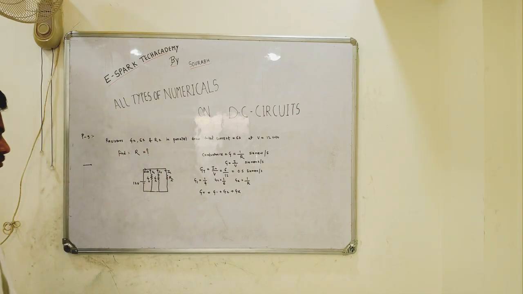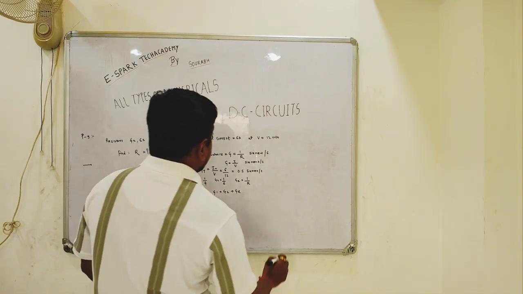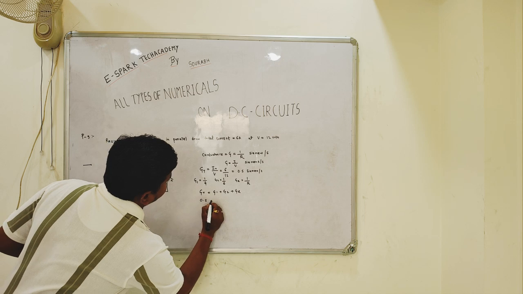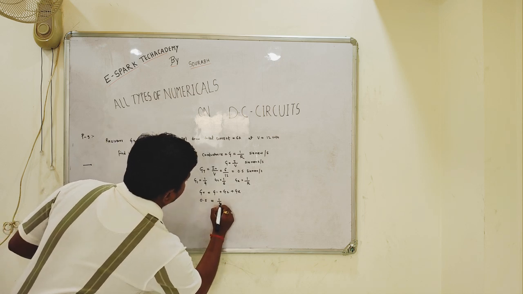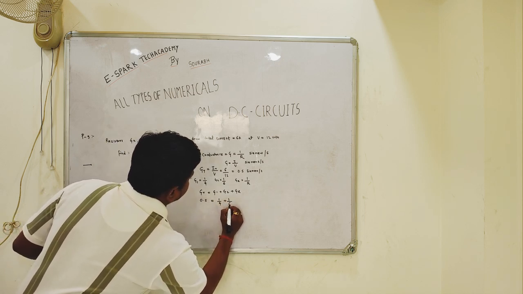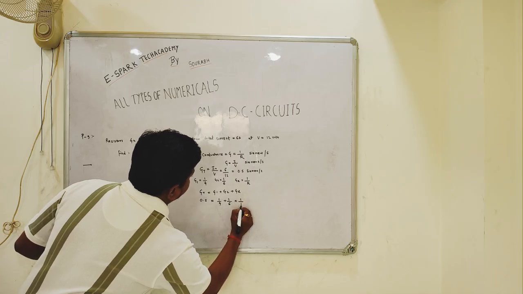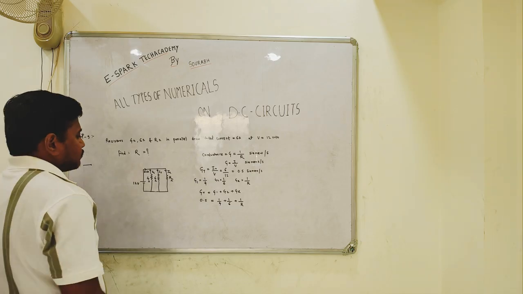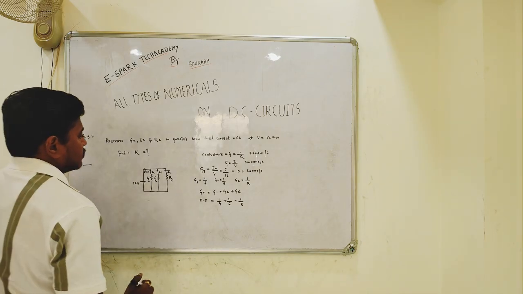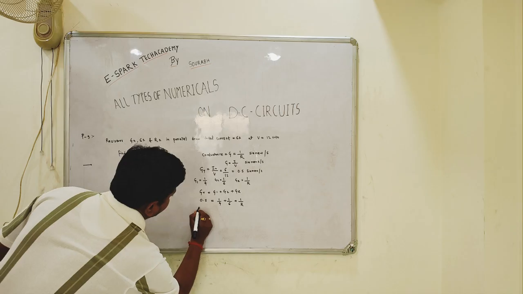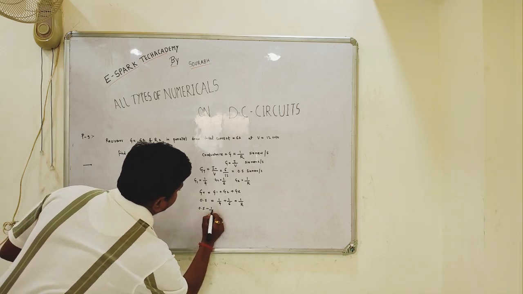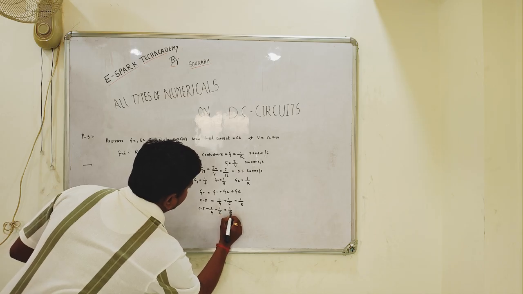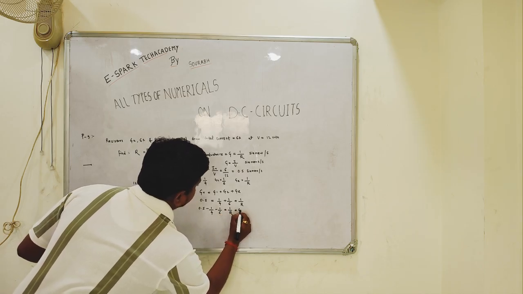In this case GT is already calculated as 0.5, G1 will be 1 by 4, G2 will be 1 by 6 and GR will be 1 by R. Now you can calculate R from this. You can say 0.5 minus 1 by 4 minus 1 by 6 is equal to 1 by R, which is nothing but GR.